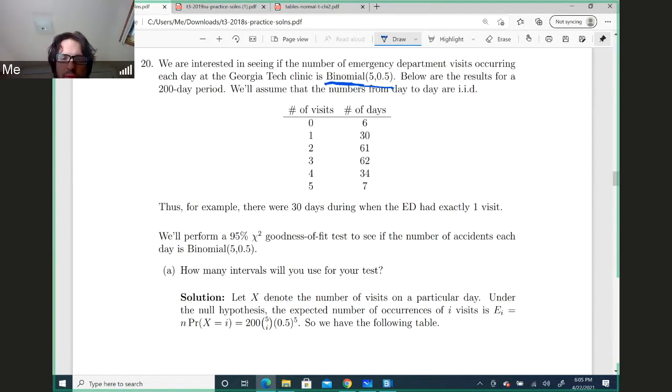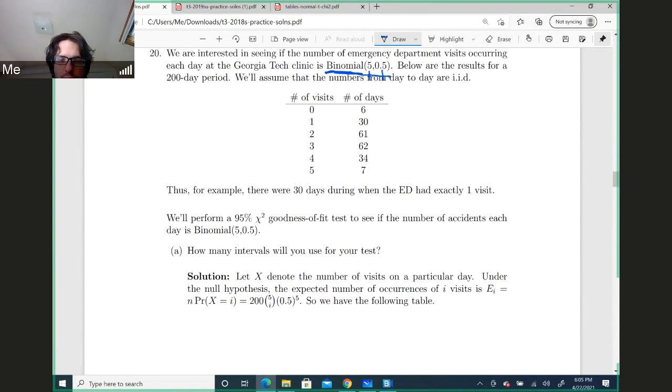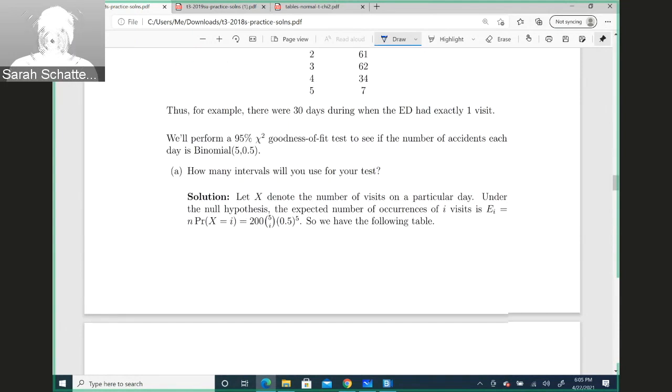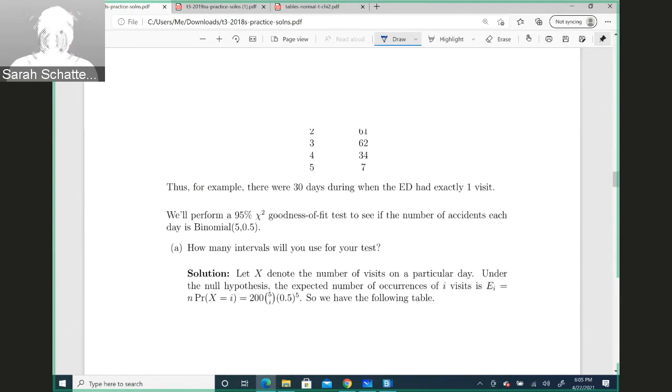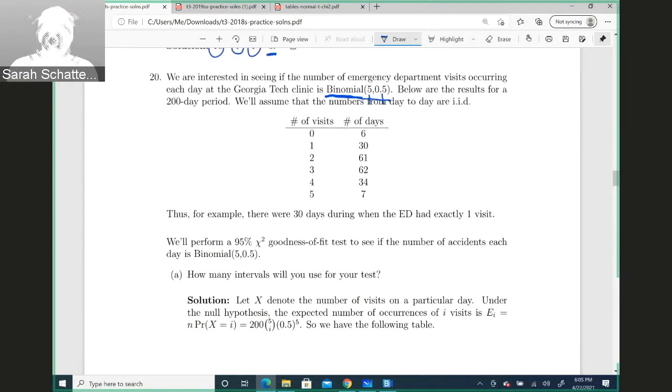So that's why there's this 5 and this 0.5. I think the number of trials and the probability, right? Yeah, exactly. So would that be like every 5 days, the probability of a visit is 0.5? No, it's saying in a single day, how many visits are you going to see in that day?